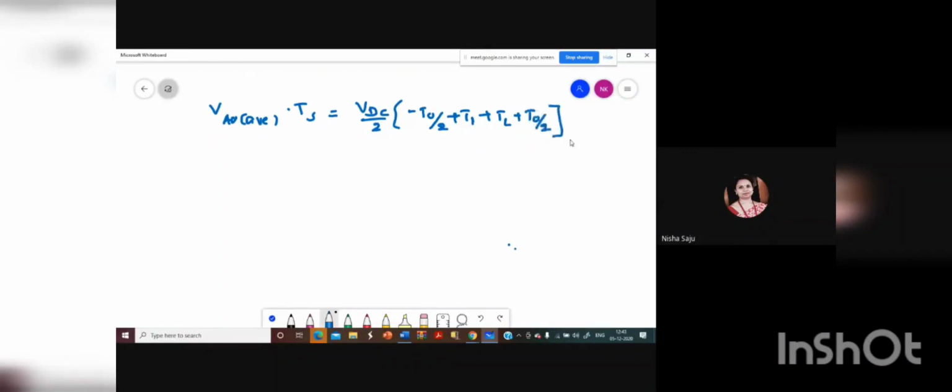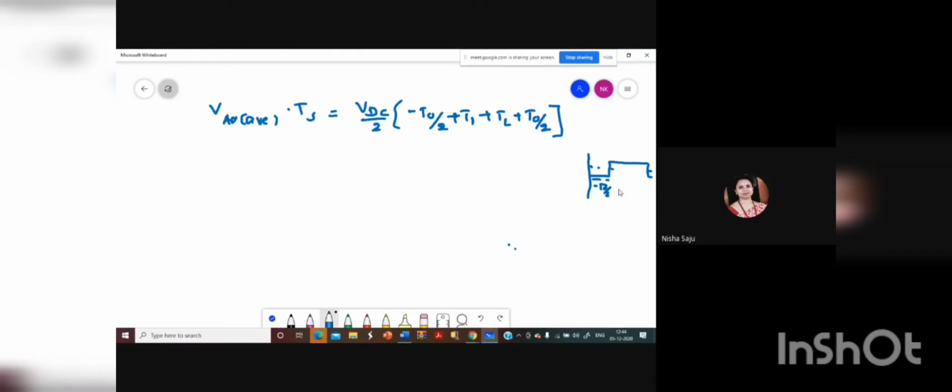So you are having a waveform like this. At this level you will be having minus T0 by 2, then T1, then T2, then T0 by 2. Then it will be repeating.